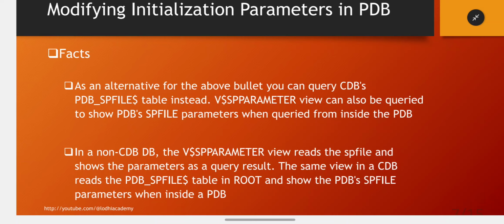In a non-CDB database, the V$SPPARAMETER view reads the SPFILE and shows the parameters as a query result. The same view in a CDB reads the PDB_SPFILE$ table in root and shows the PDB's SPFILE parameters when inside a PDB.